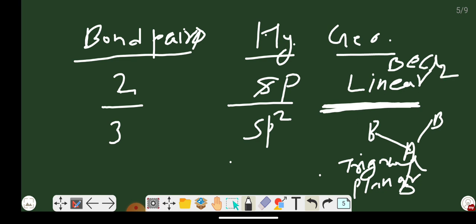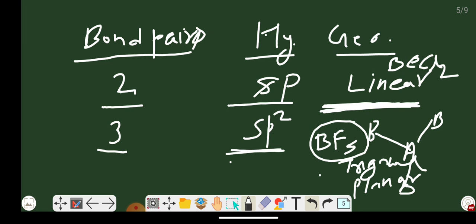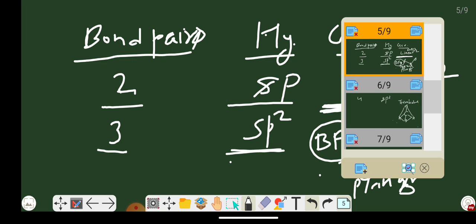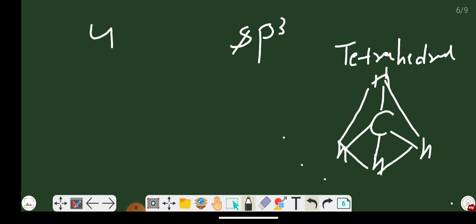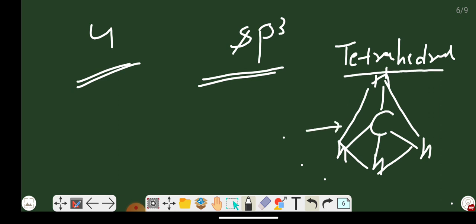Now if the bond pairs are 3, the hybridization is sp2, then the molecule is trigonal planar and its example is BF3. BF3 has trigonal planar shape. Now if the molecule has 4 bond pairs, then the hybridization is sp3 and the shape is tetrahedral, and we have taken the example of methane, that is CH4.